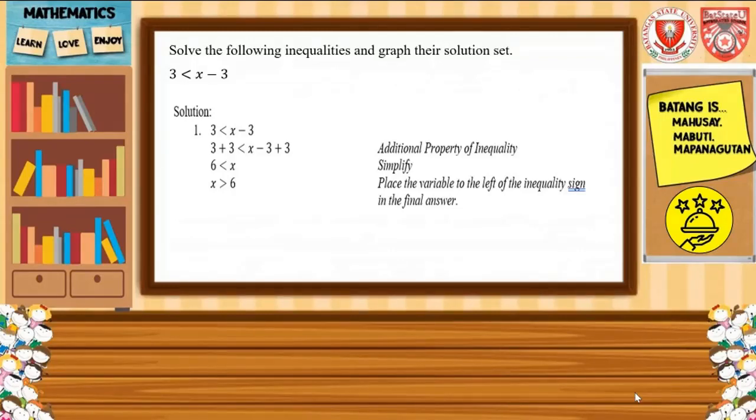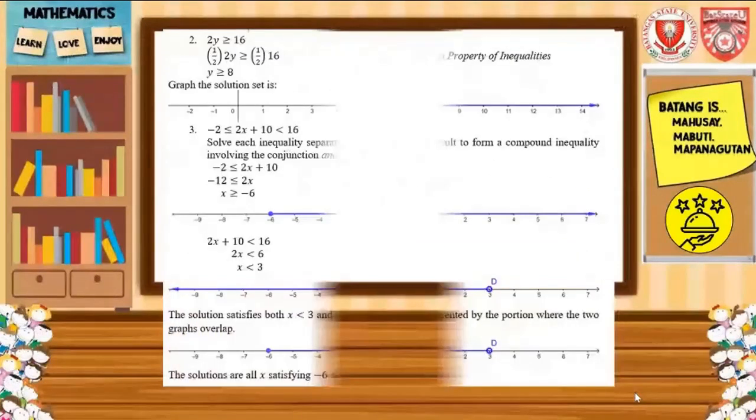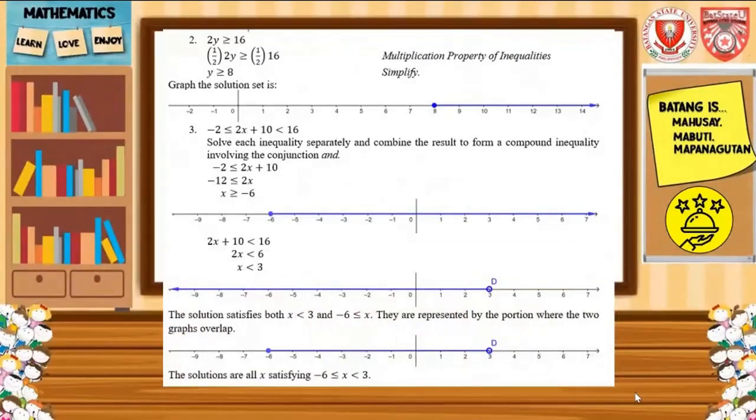So we're going to have the variable on the left side of the inequality sign in the final answer. Okay? So here is the graph of the solution set. We have used the hollow circle because in the inequality we have the greater than symbol. Another example, number 2, we have 2y is greater than or equal to 16.